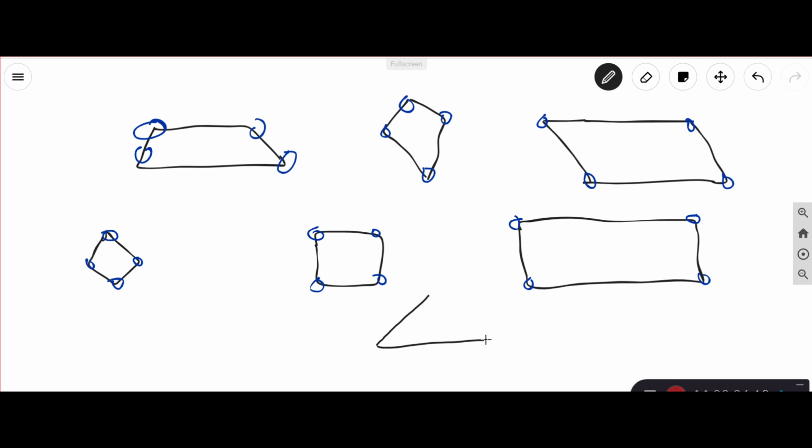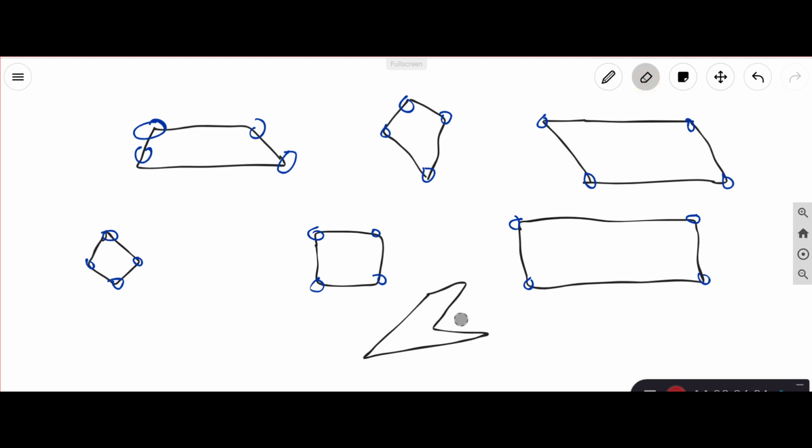Like even that is a, well, let me redraw that. Even that is a quadrilateral.